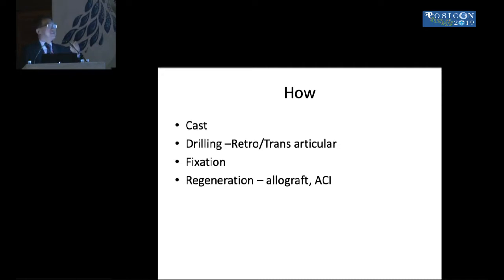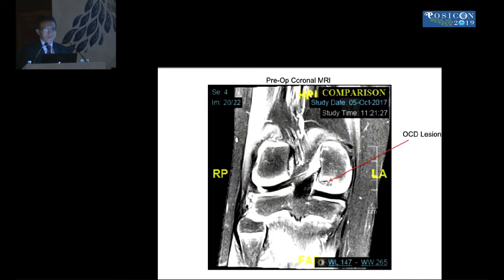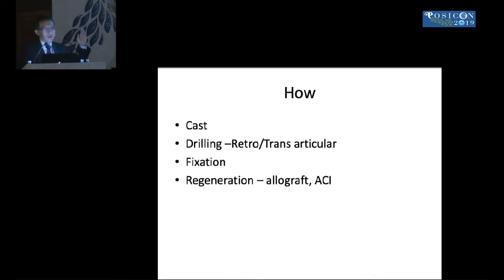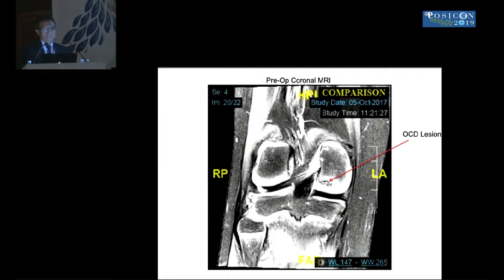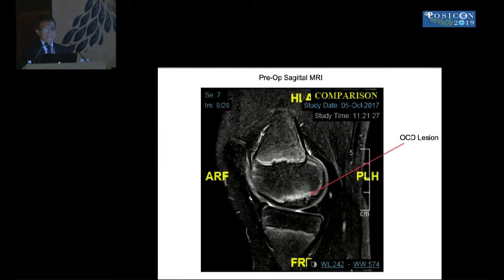Ted, you start. So, favorite treatment methodology? Cast, drilling, fixation, regeneration. So, for this patient, with wide open physes, boy, I'm perfectly willing to start with non-operative treatment.